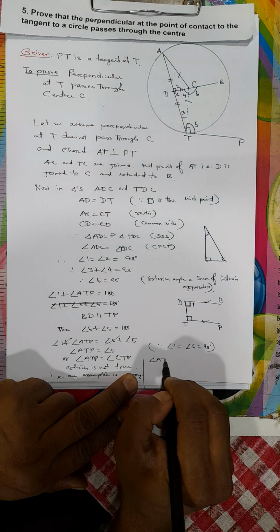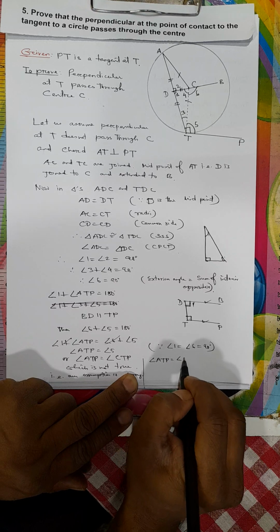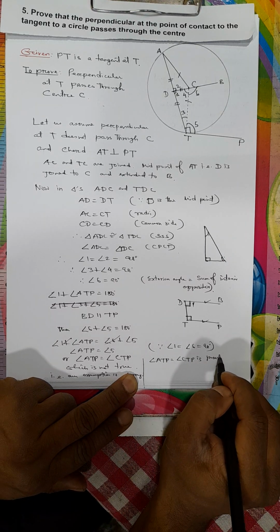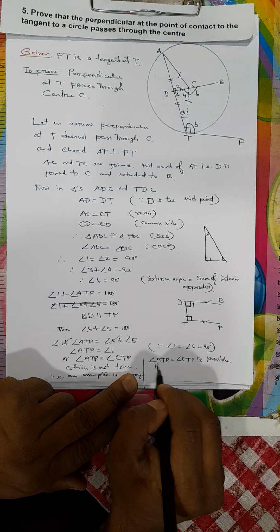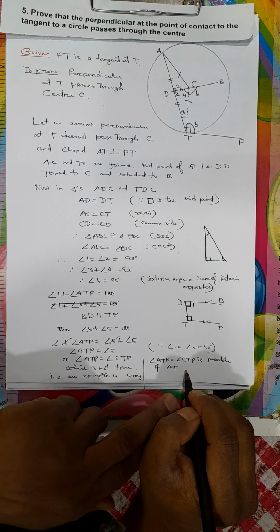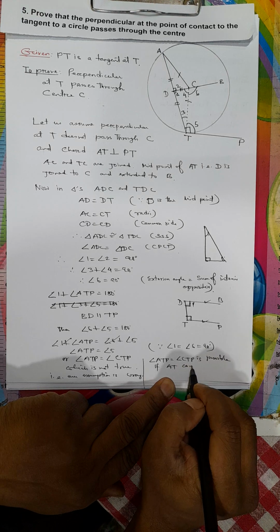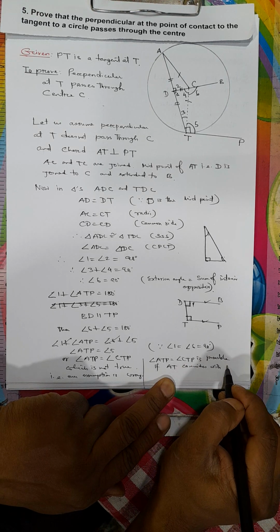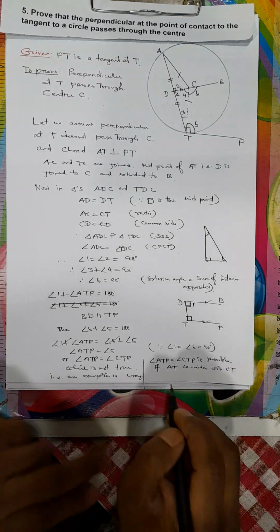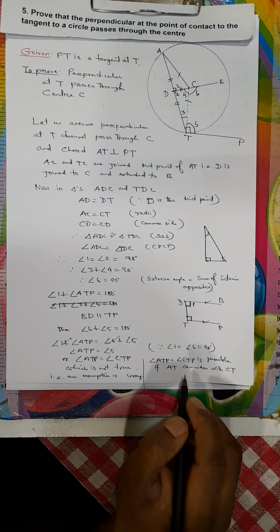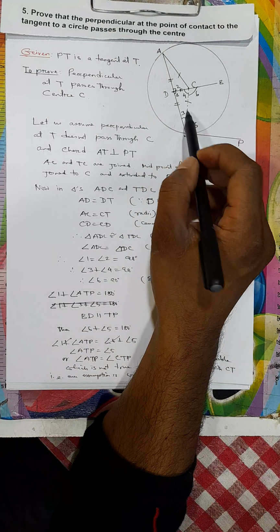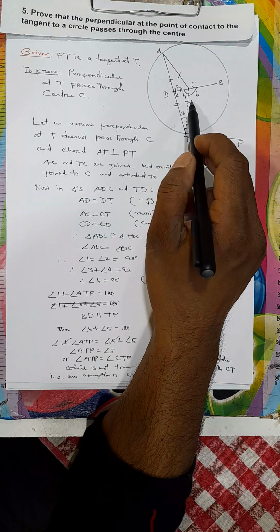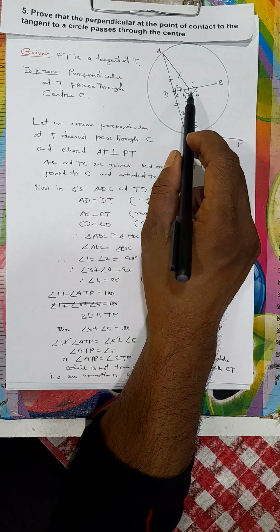ATP equal to CTP is possible if AT coincides with CT, right? So AT must coincide with CT. That means the perpendicular must pass through the center.